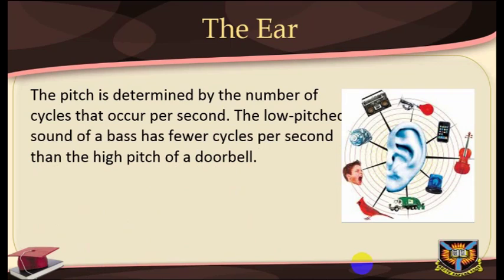You can tell the difference between low and high sounds by their pitch. The pitch is determined by the number of cycles that occur per second. The low-pitched sound of a bass has fewer cycles per second than the high pitch of a doorbell.